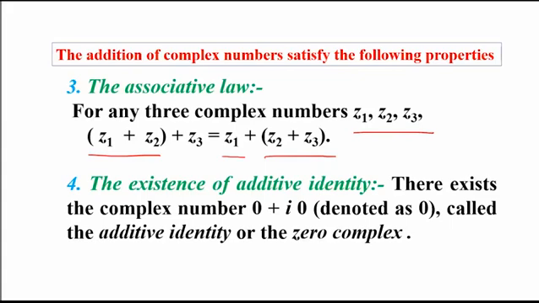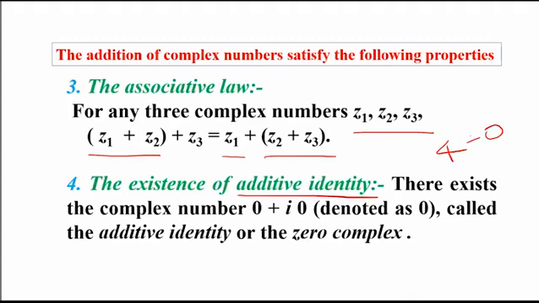Now the fourth one, existence of additive identity. Normally, what is additive identity under addition in general? I take one particular number 4. The additive identity for this number 4 is nothing but 0. What does that mean?